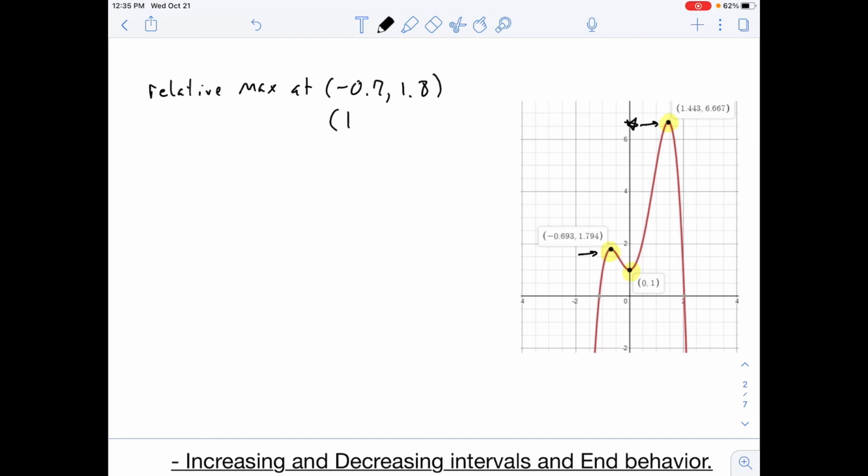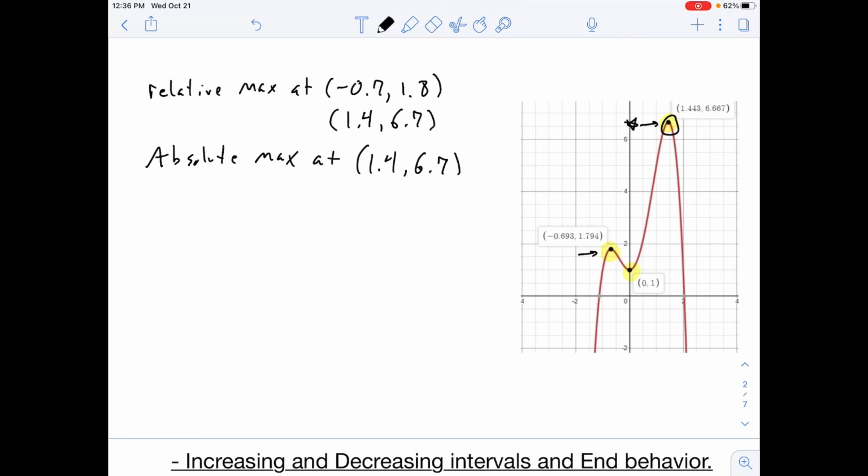And then this point, which is (1.4, 6.7). So those are both relative maxes. We only have an absolute max at (1.4, 6.7), which is this point here.